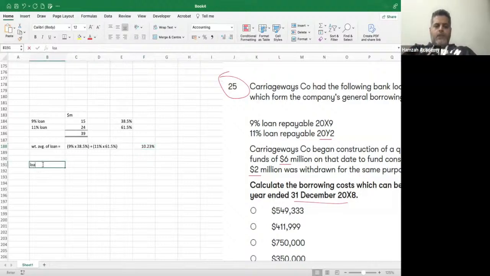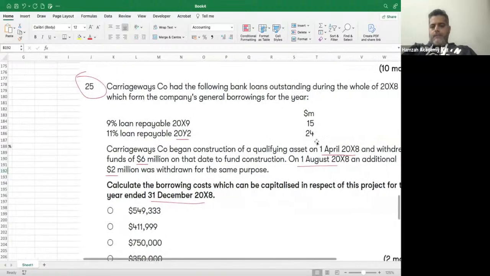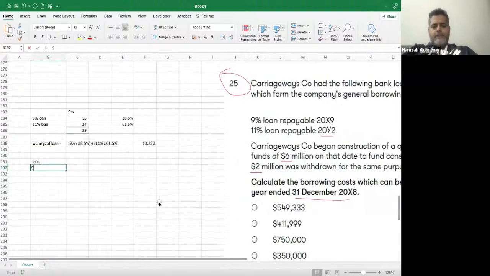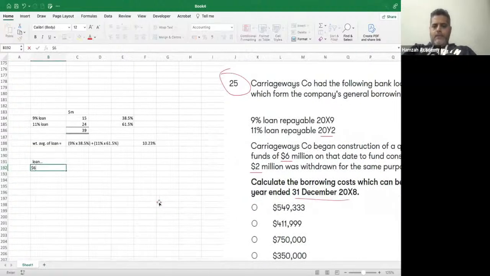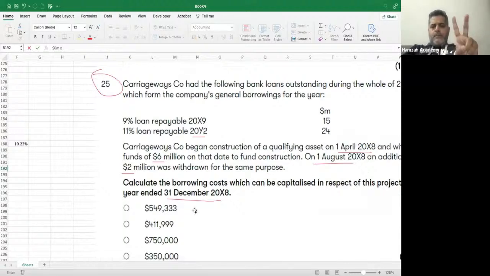Now, the loan. I took 6 million on 1st April. Year end is 31st December. So 1st April to 31st December: April, May, June, July, August, September, October, November, and December. That is 9 months.